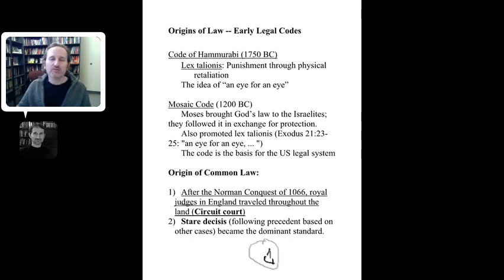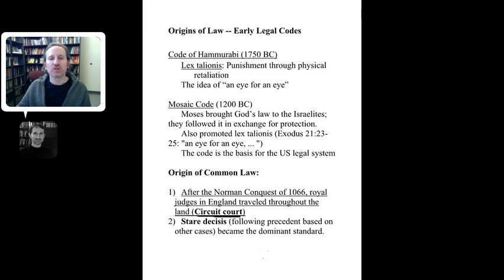They would see the same kind of cases over and over again, and they'd say, we saw a case like this in Derbyshire, maybe we ought to treat it the same way as we did in York, and maybe we also ought to treat it the same way in London. So they started to travel throughout the land in circuits.